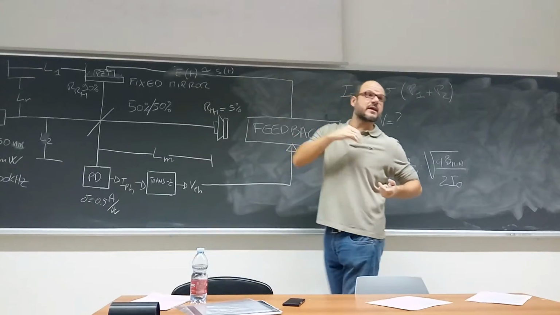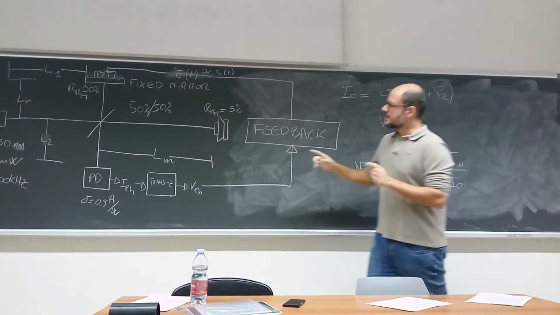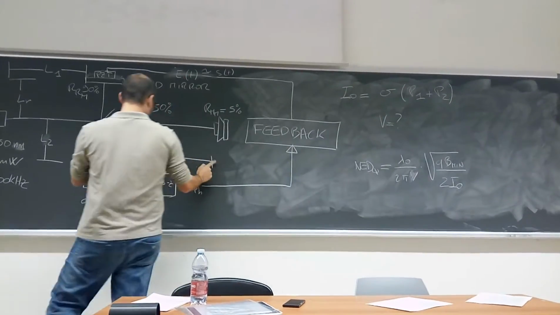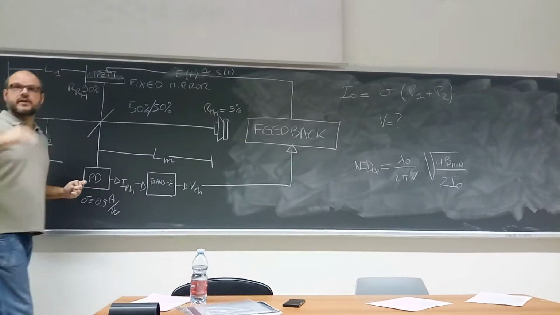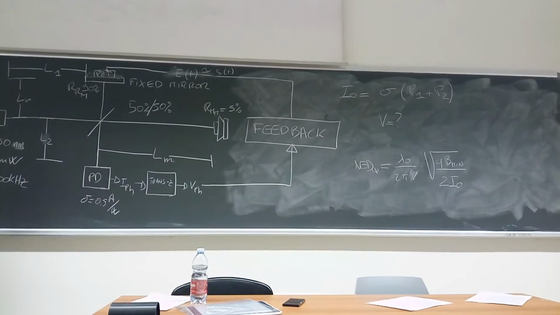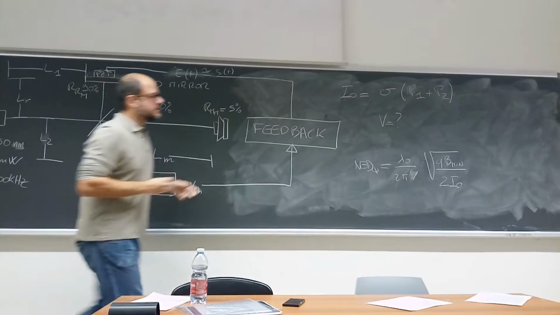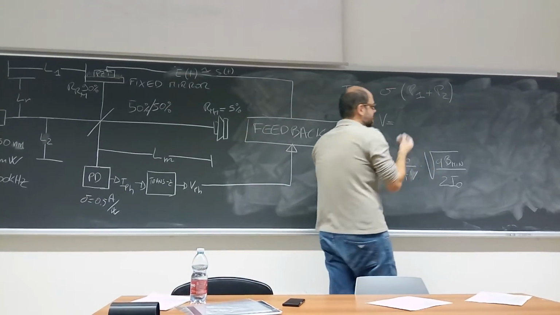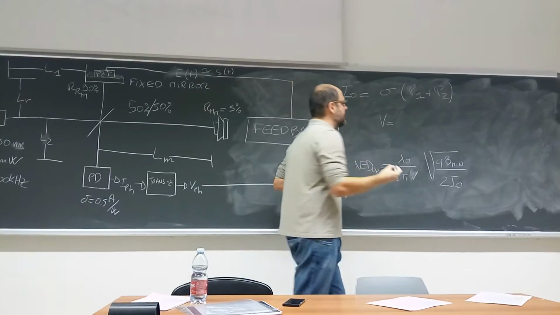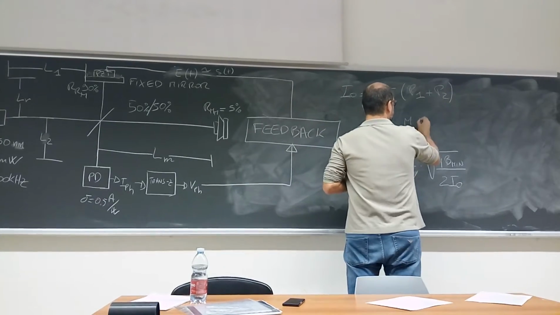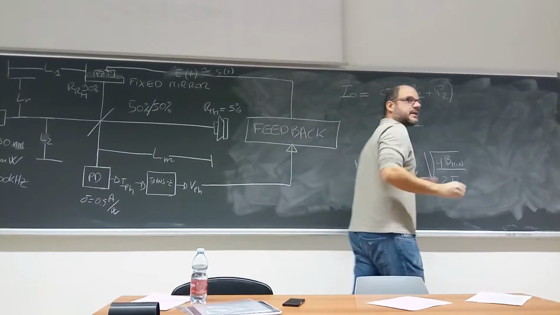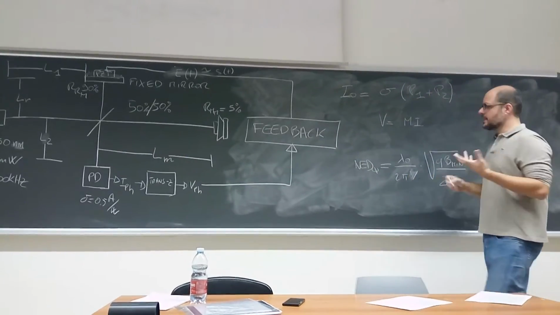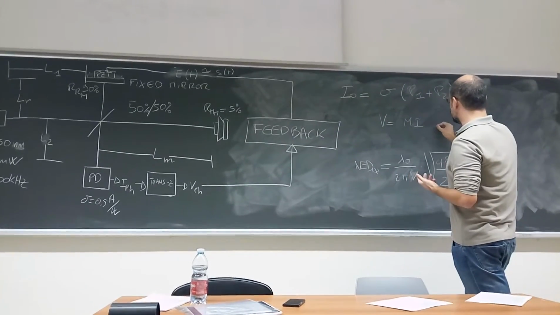But if the difference between these two arms is much lower than the coherence length, then the fringes visibility is more or less exactly the same as the modulation index of the interferometric signal.